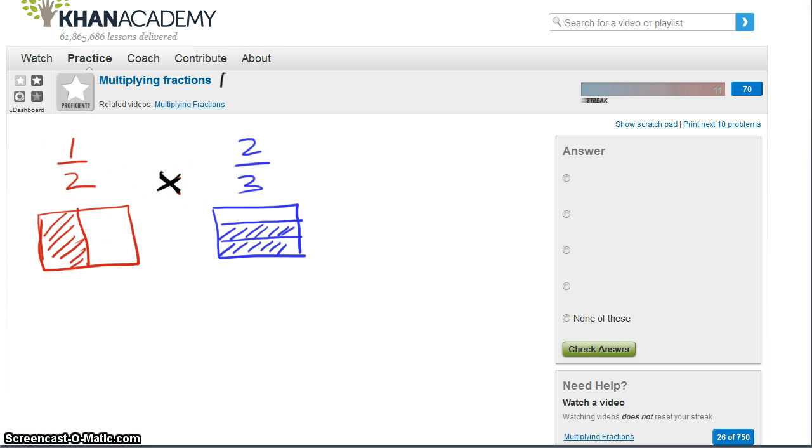Now the way the hints are going to work is let's take 1/2 of 2/3. Let's convert it into the common understanding that people are going to need to know, that when you're multiplying fractions, you're just saying what is 1/2 of 2/3.